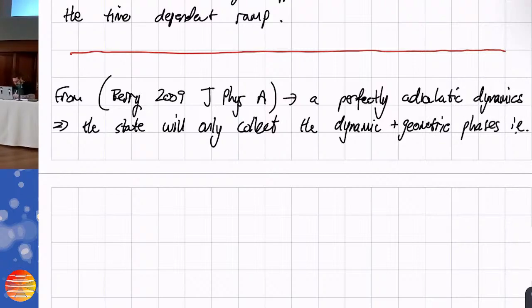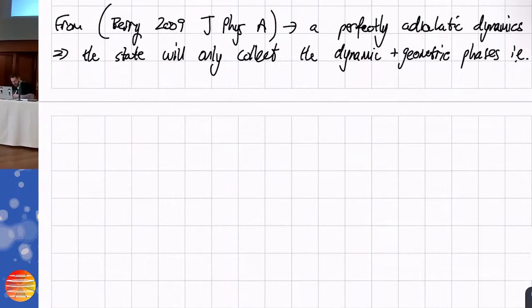So what I mean is that if I had perfect adiabatic dynamics, I'm just assuming I'm starting in an eigenstate of my Hamiltonian, and this is the guy I want to evolve. So I'm keeping things simple by evolving a single eigenstate of my Hamiltonian. Let's say I started in psi n.